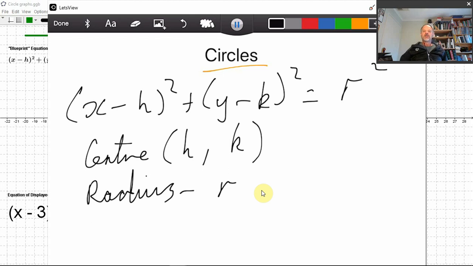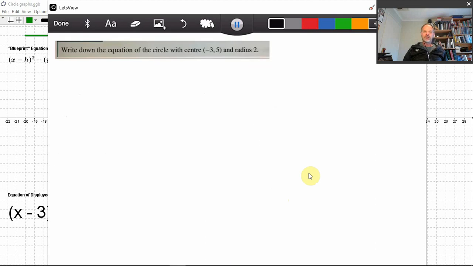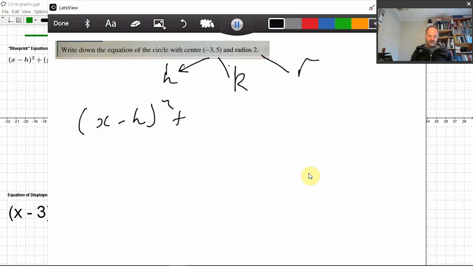All right. So let's have a look at an example. Write down the equation of the circle with centre -3 and 5 and radius 2. So straight away off this, we've got our h, we've got our k, and we've got our r. So it's a matter of x minus h squared plus y minus k squared equals r squared.